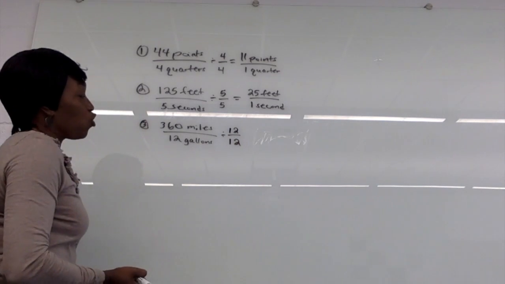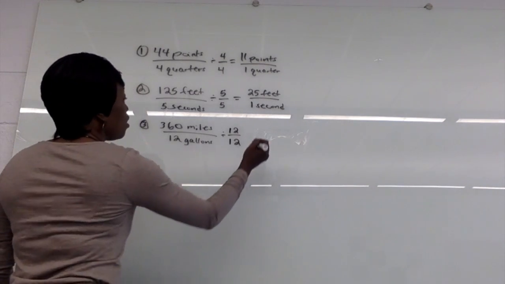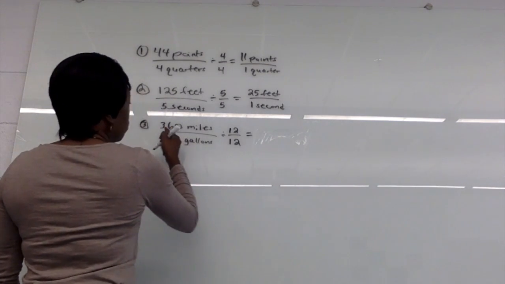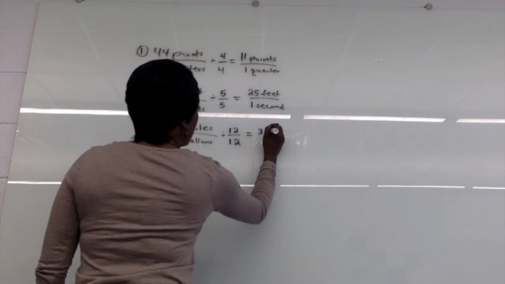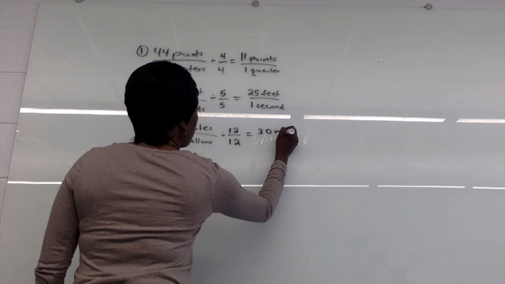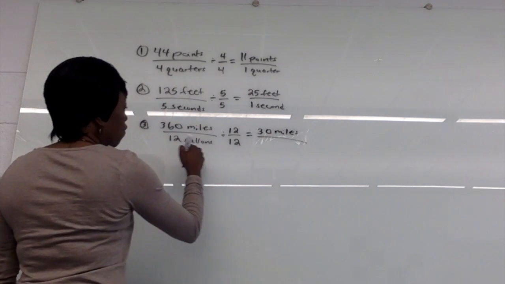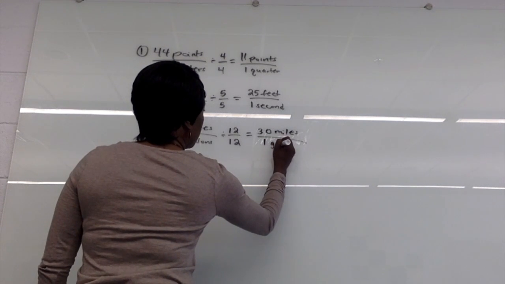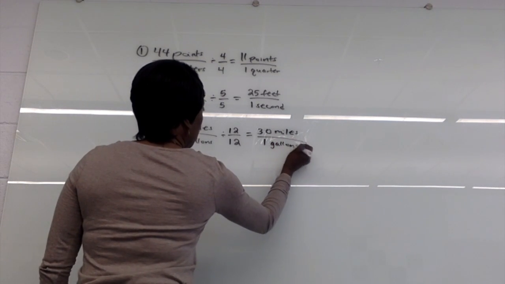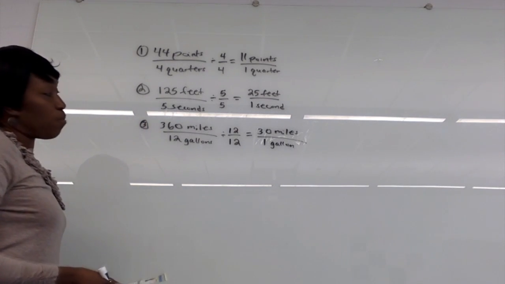So we're going to divide our numerator and denominator by 12. When I divide 360 divided by 12, I get 30 miles in my numerator. 12 divided by 12, I get 1 gallon in my denominator. So our unit rate is 30 miles per gallon.